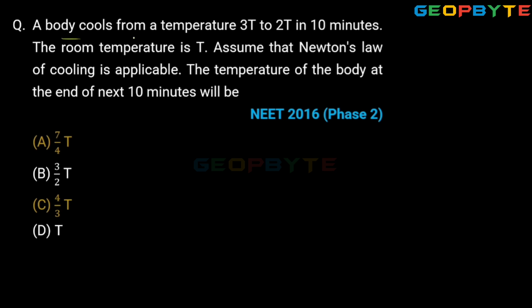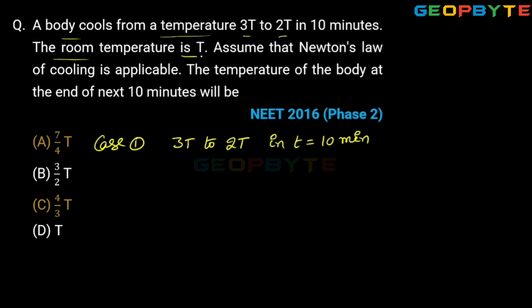Let us take another important problem. A body cools from a temperature 3T to 2T in 10 minutes. That means, in case one, the temperature is dropping from 3T to 2T in a time period t equal to 10 minutes.